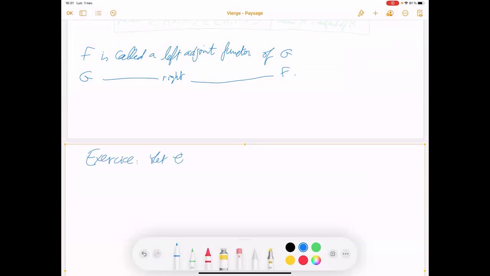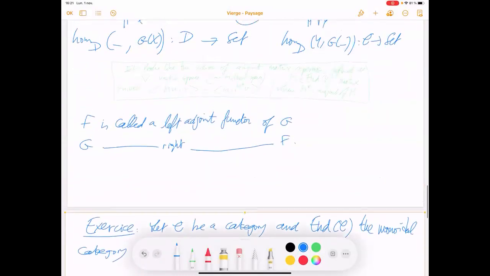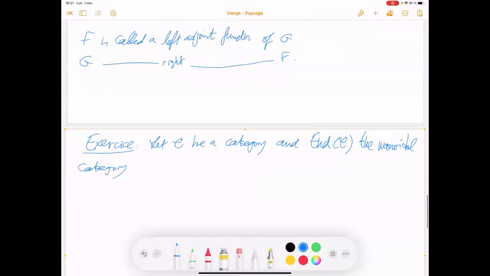Let C be a category, and let End(C) be the monoidal category of functors from C to C, the endofunctors.